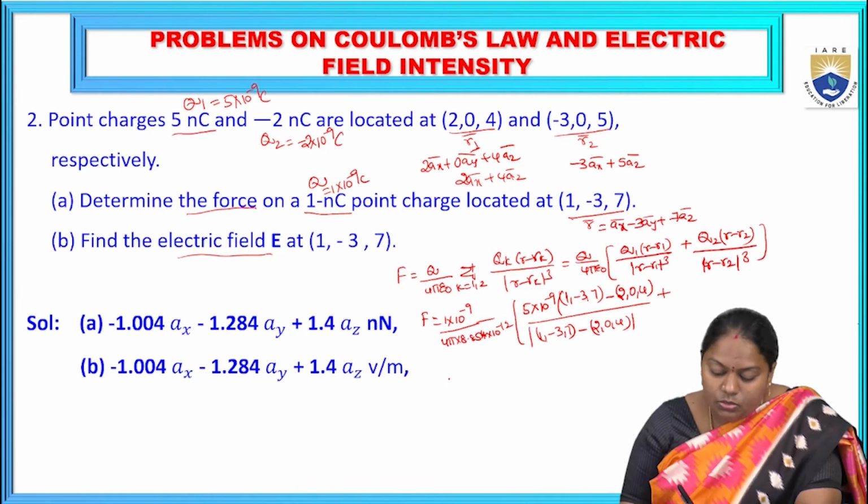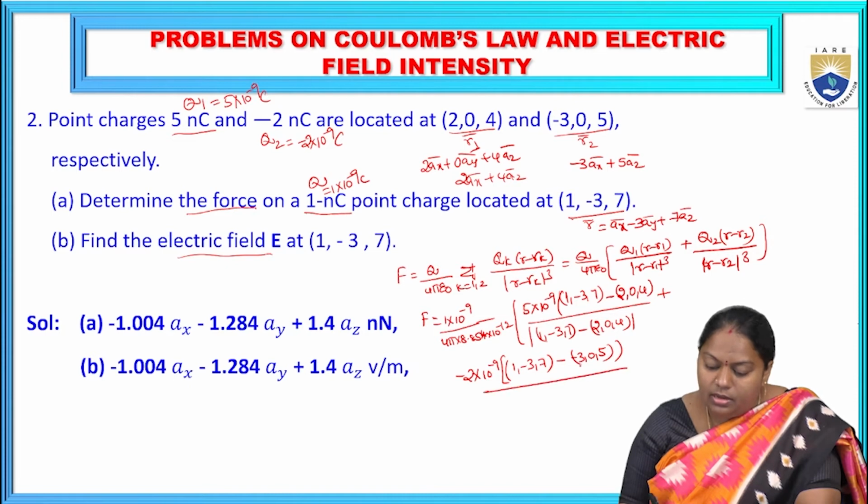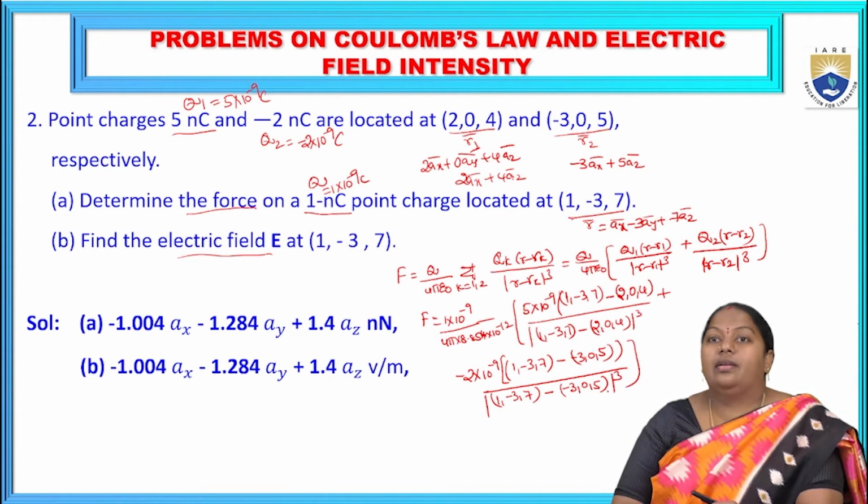Then plus Q2, that is -2 nanocoulombs, -2 into 10 power -9, into (R minus R2). The R value is (1, -3, 7) minus R2, which is (-3, 0, 5), divided by the magnitude of R minus R2, that is (1, -3, 7) minus (-3, 0, 5), whole cube. Here also the whole cube is there.